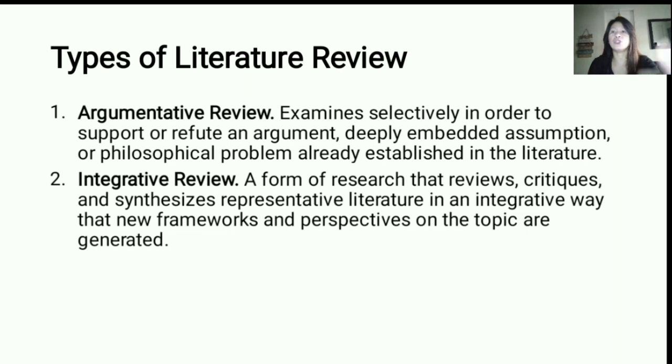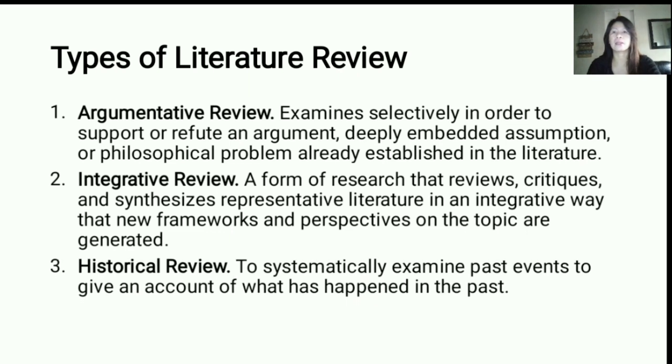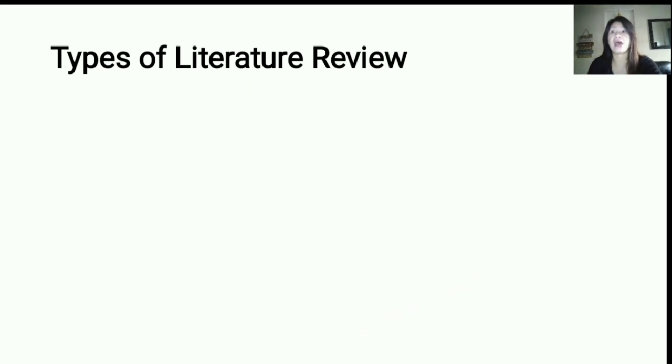So you aim to come up here with new perspective about a topic. Number 3, we have historical review. This is done to systematically examine past events to give an account of what has happened in the past.